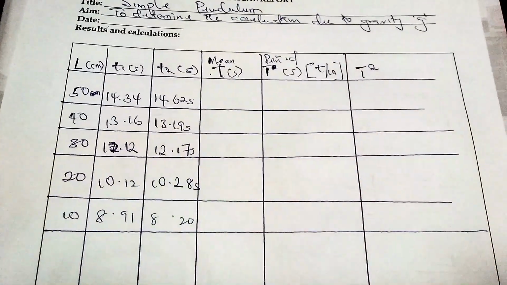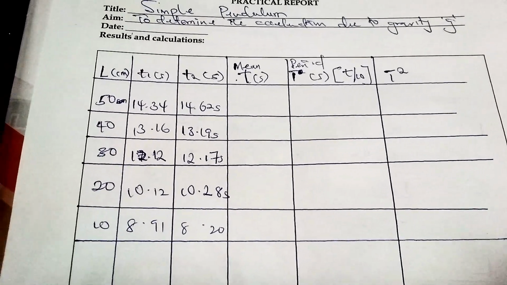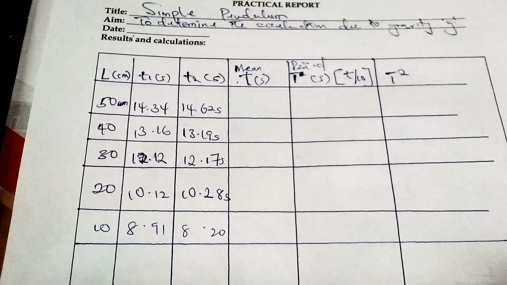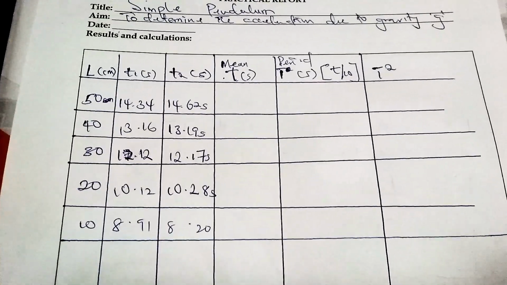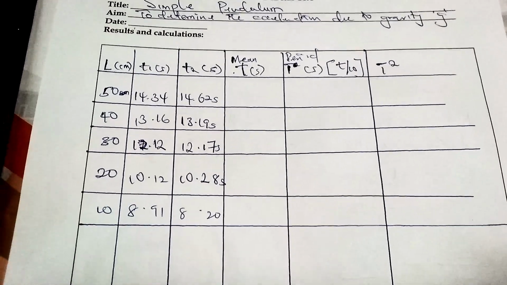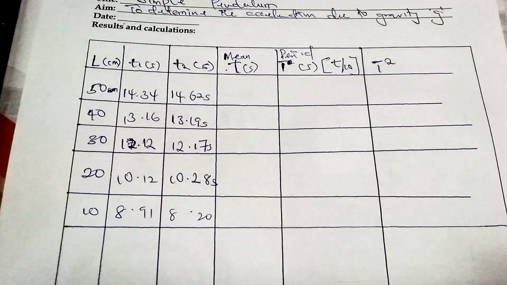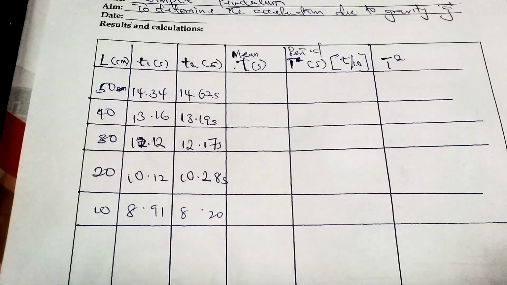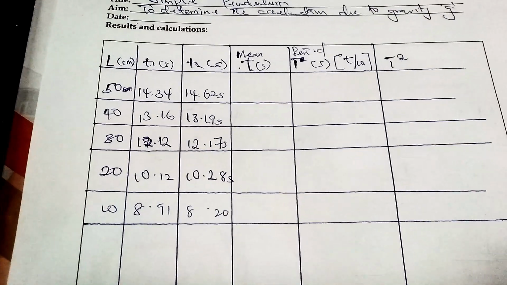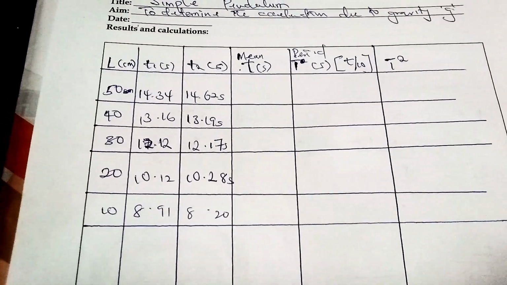This is the table of values and how it should look. We have our length L in centimeters, our time T1, which is the first time recorded for 10 oscillations. Then the time T2 is the second time recorded for 10 oscillations, and mean time T is going to be T1 plus T2 all over 2.